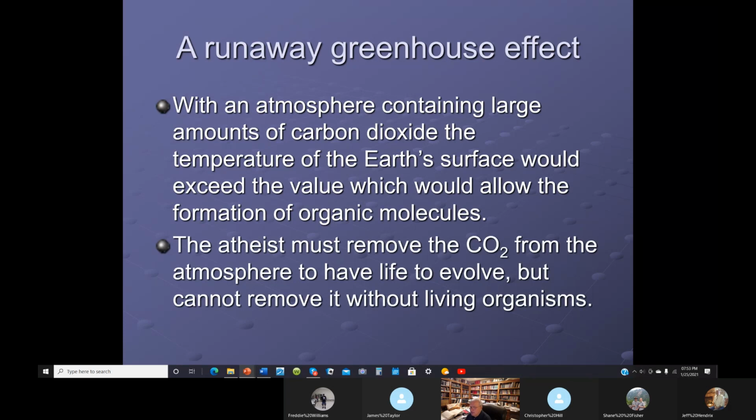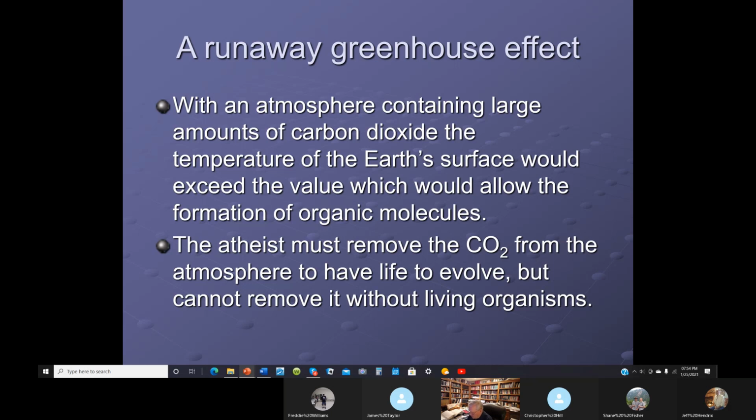The atheist has a problem in that he has to remove the carbon dioxide, CO2, from the atmosphere to have life evolve, but he can't remove it without living organisms. Living organisms are the very things that remove it. Plants remove the carbon dioxide and store it in their stems and in their leaves, and they put it down into the ground with their roots.